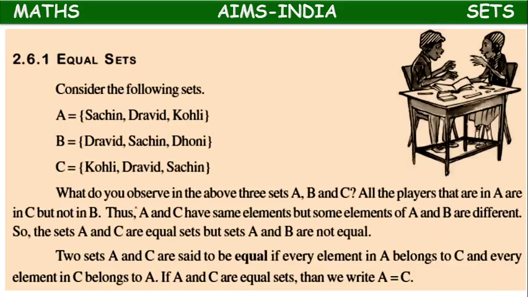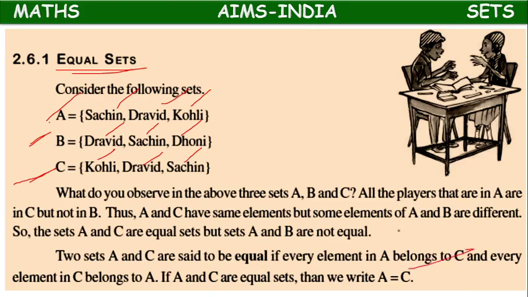Next. That is about universal set and subset. Next we have equal sets. Suppose set A: Sachin, Dravid, Kohli. Set B: Dravid, Sachin, Dhoni. Set C: Kohli, Dravid, Sachin. So what do you observe in the three sets A, B, C?